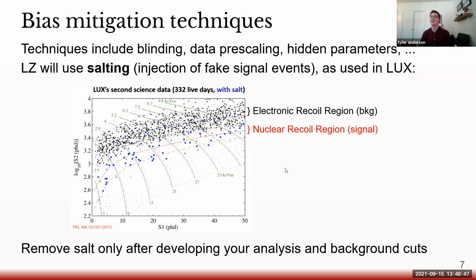The idea is that these salt events are injected into your data without anybody knowing the difference between the black and blue dots. All of the analysis happens, and just before you create your final limit or discovery plots, you reveal which events are salt and remove them from analysis.